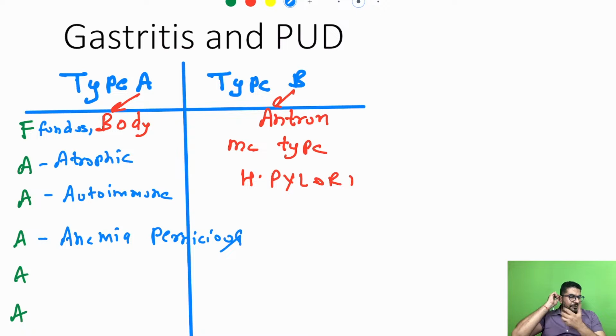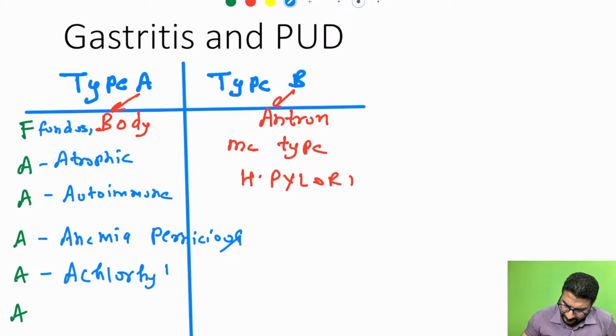So B12 absorption will not happen, leading to pernicious anemia. Parietal cells also produce HCl, so HCl will not be formed; we call this achlorhydria. So you can see it involves fundus and body, atrophic, autoimmune, pernicious anemia, achlorhydria. And remember, here we have antibodies that destroy parietal cells.